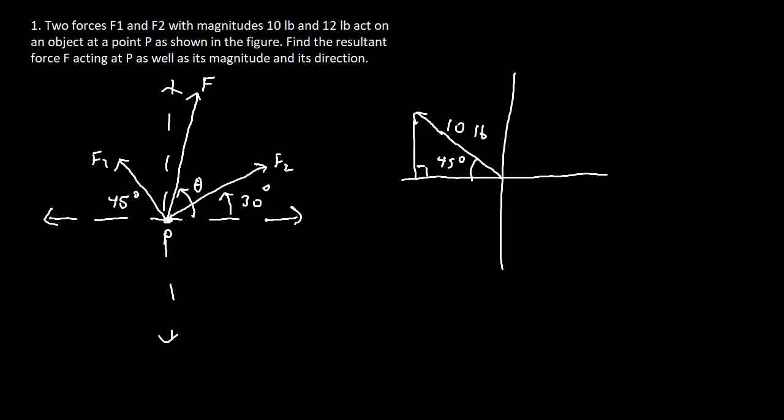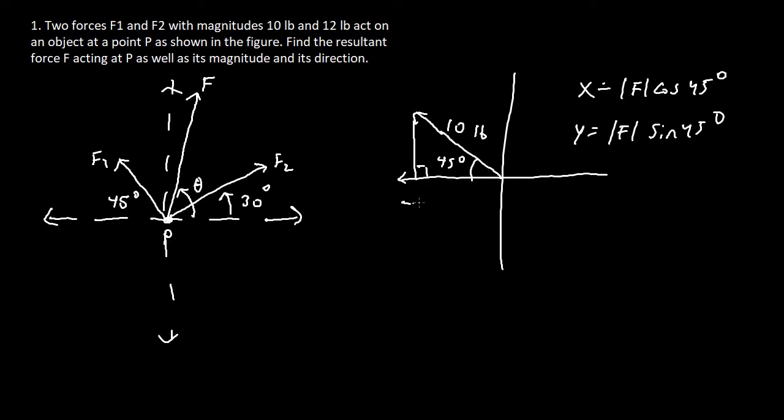So remember that x is going to be equal to the magnitude of the force times cosine of theta. In this case, theta is 45 degrees. And y is going to equal the magnitude of the force times sine of 45 degrees. And in this case, remember that x value is negative here, which means we'll have a negative x.